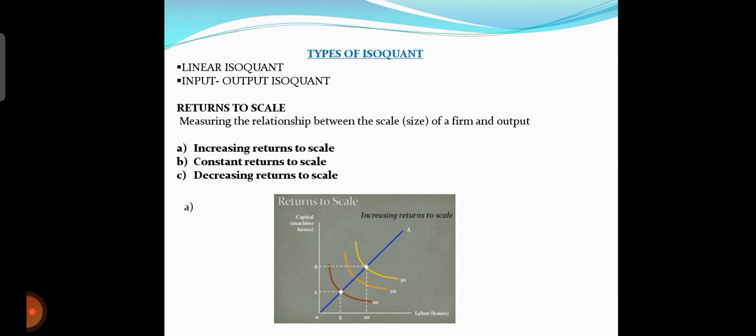Types of isoquants. There are two types, that is linear isoquant and input-output isoquant. We'll see what is returns to scale. Returns to scale is nothing but measuring the relationship between the scale size of a firm and output.